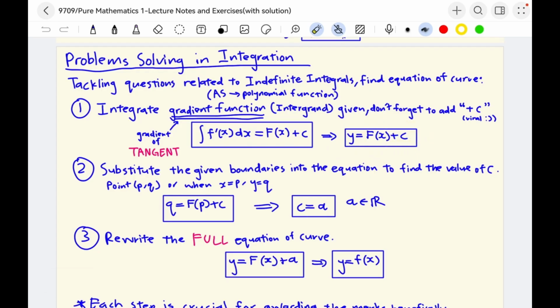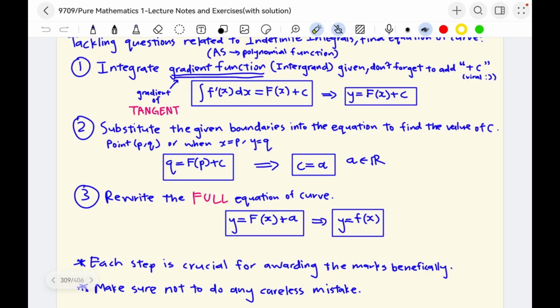Second, substitute the given boundaries in the equation to find the value of c. Look for the keyword, for example, that the point PQ lies on the original equation, which means it is a solution, or an intersection point, on the curve.